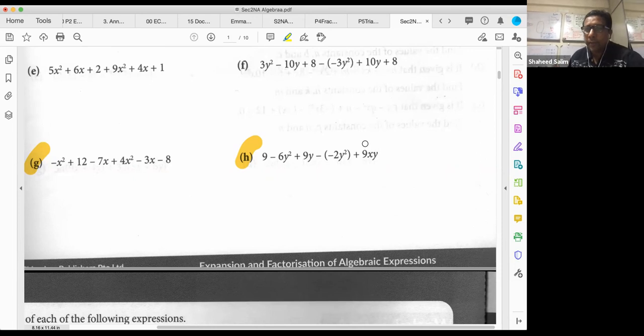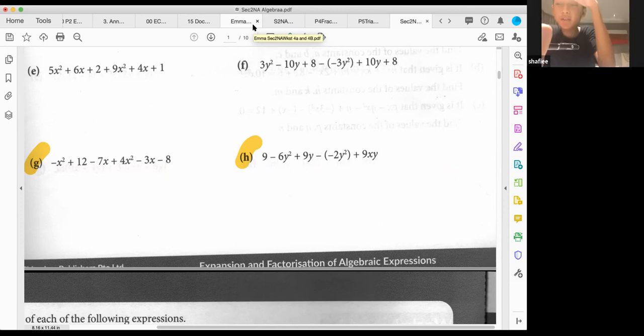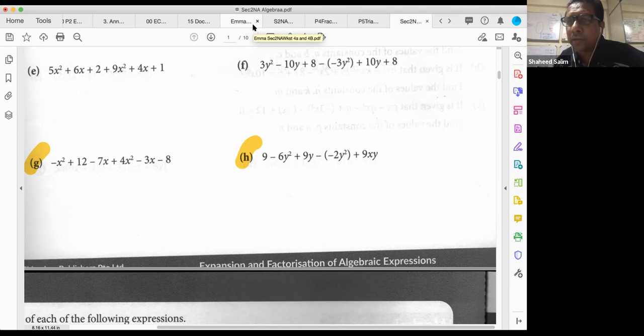Shafi, you finish? No. Shafi, you got your WA test paper back? Your CA1.